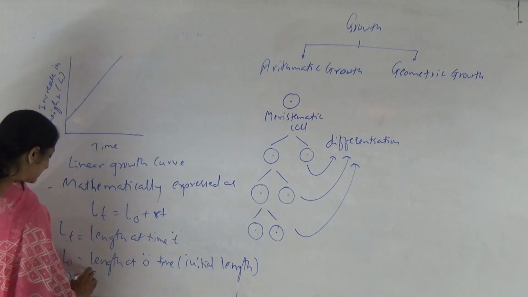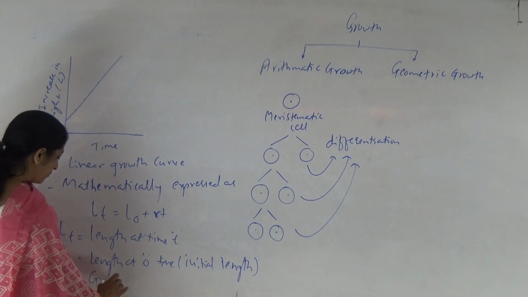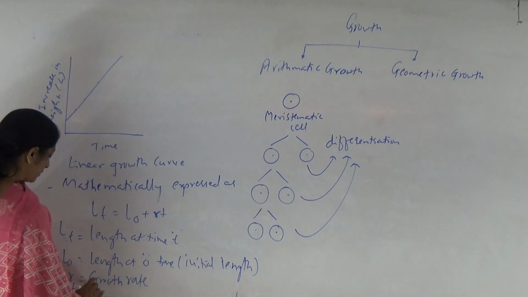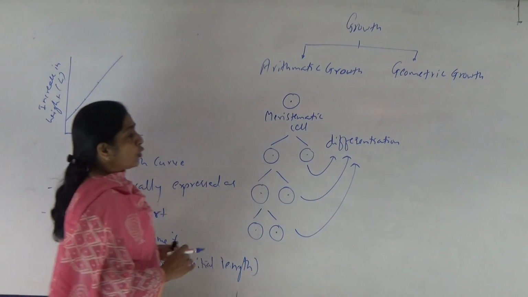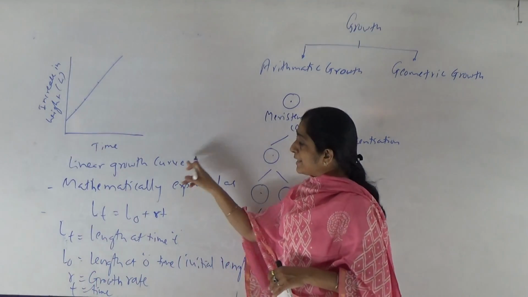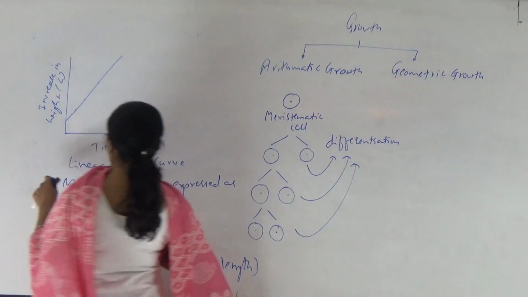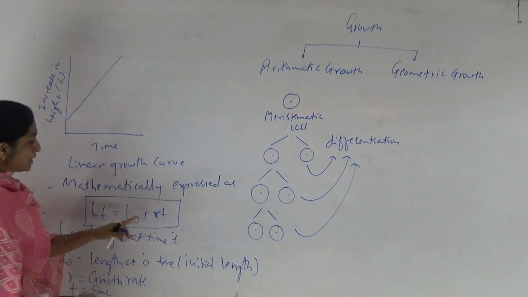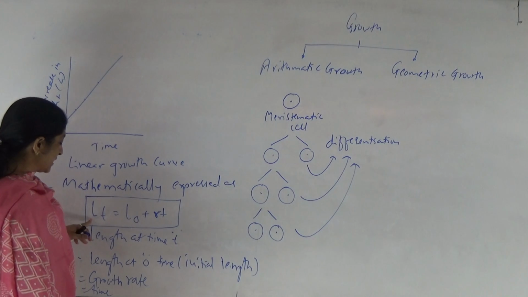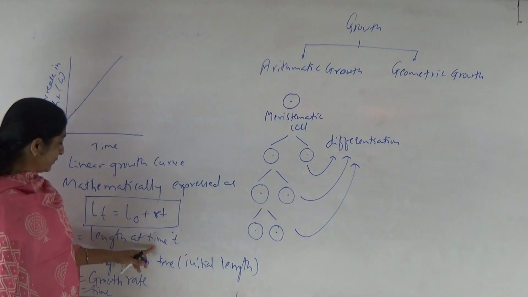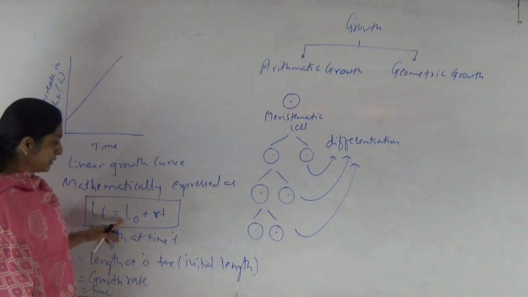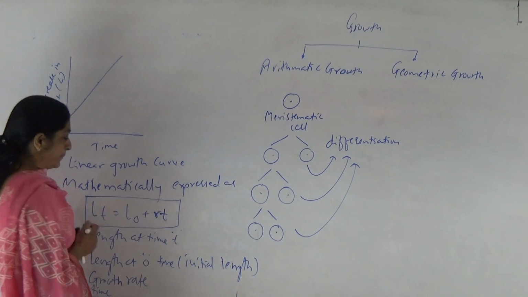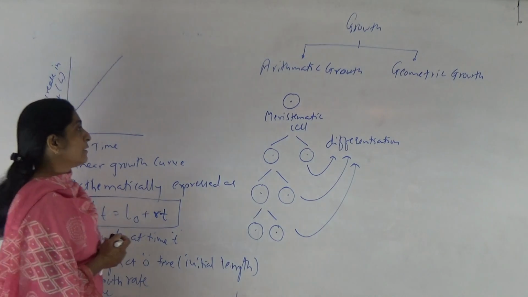Then r stands for growth rate, and t for time. So arithmetic growth can even be mathematically expressed in the form of an equation, that is Lt = L0 + rt. Lt stands for length at time t, that is final length, L0 initial length, r stands for growth rate, and t for time. Okay? So this is arithmetic growth.